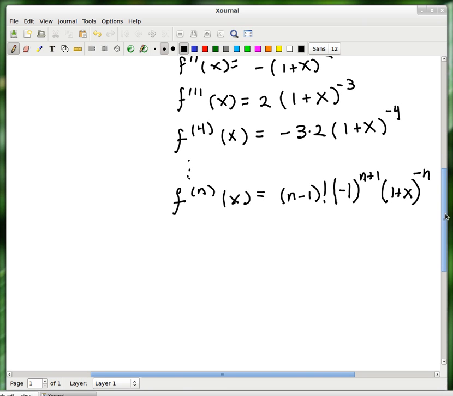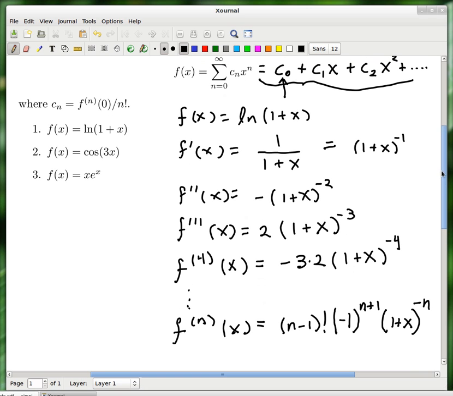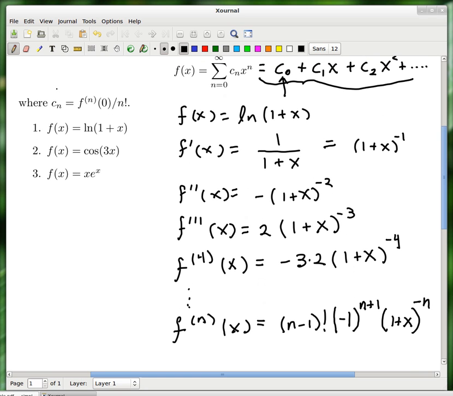So let's do a reality check and figure out what it is we're trying to do. We want to figure out Cn, which is the nth coefficient of the power series expansion. So what we really care about is what happens when you plug 0 into the nth derivative.